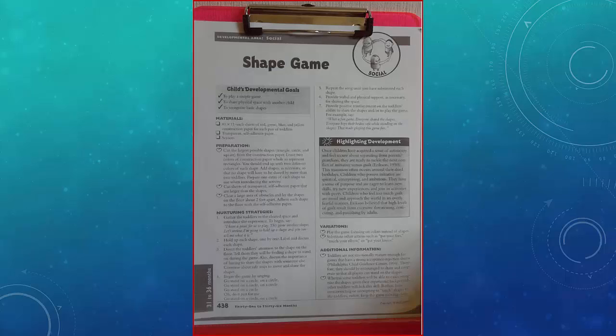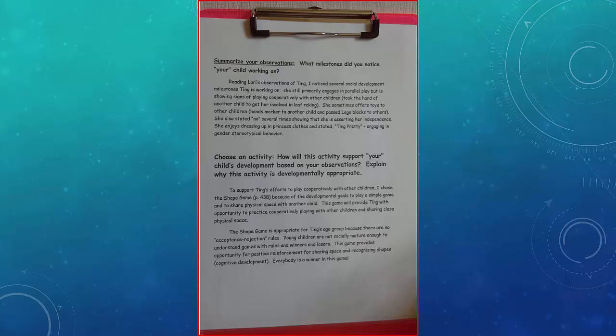Once you have chosen your activity, going to the next page, you will summarize your observations. What milestones did you notice your child working on? And then talk about the activity and how it supports the child's development based on your observations and explain why the activity is developmentally appropriate.